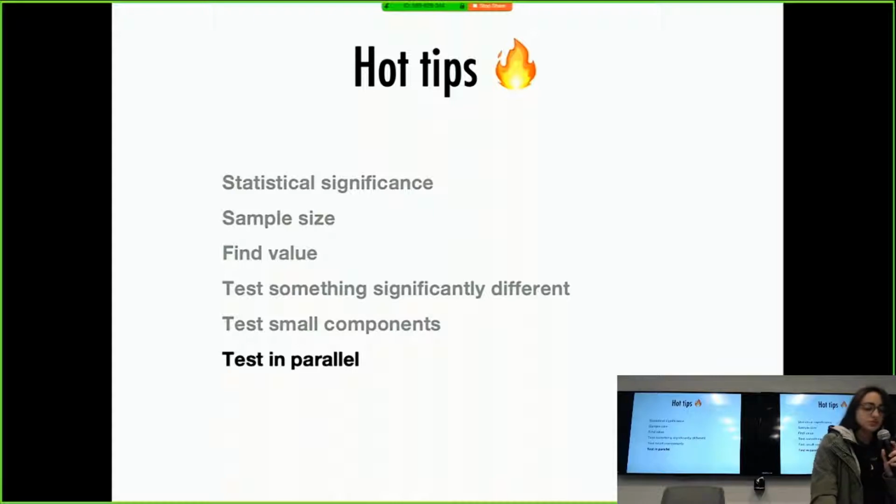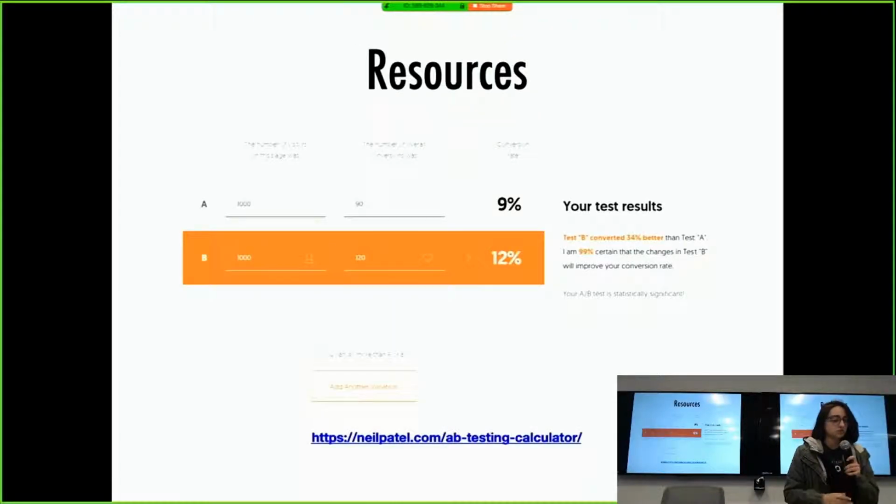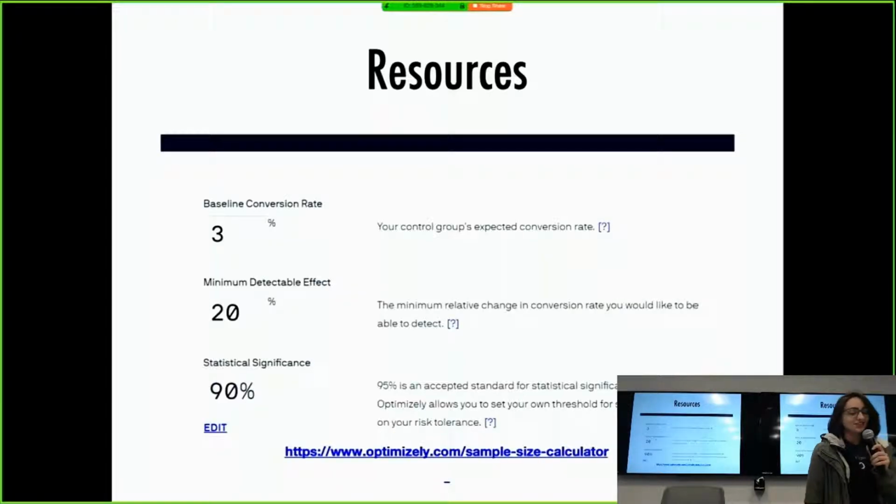So there's a couple resources that I'll just quickly skip through. There's this tool, and you will have access to the slides later, so you can look at the links. This will tell you if your results are statistically significant without you having to do math, because that's not fun. There's this tool which will tell you a little bit of a better estimate of what sample size you need.